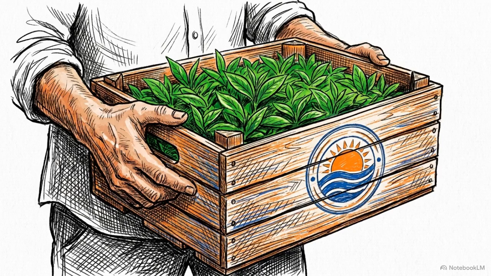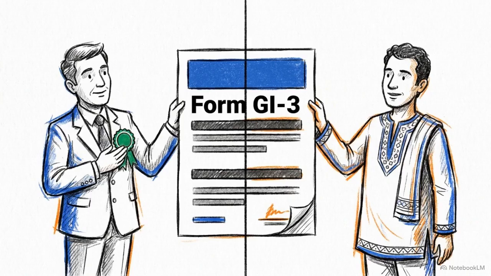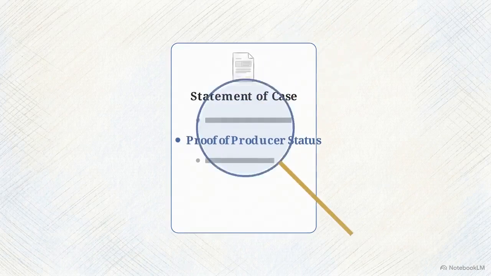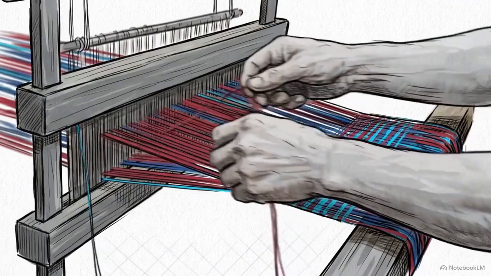Section 17 governs the authorized user. Any person who is a producer of goods already covered by a registered GI may apply for this status. Under Rule 56, the application is made jointly by the registered proprietor and the producer on Form GI-3. This includes a statement of case explaining how the applicant qualifies as a producer. The fee is 10 rupees.